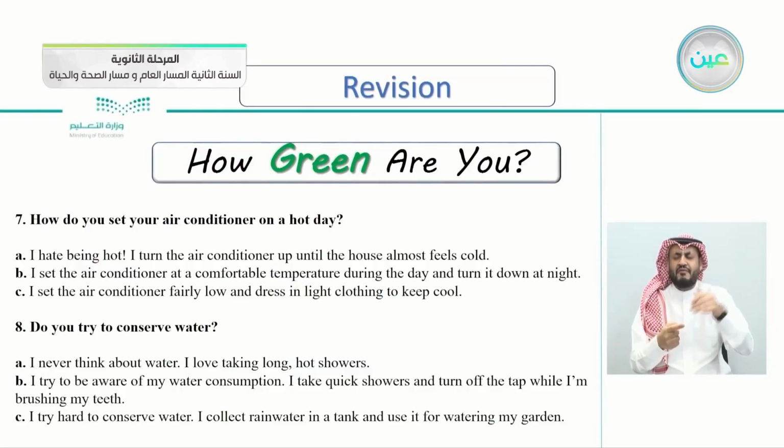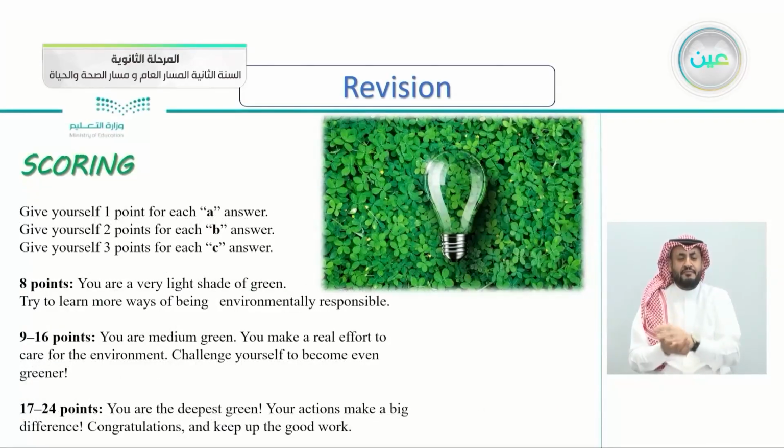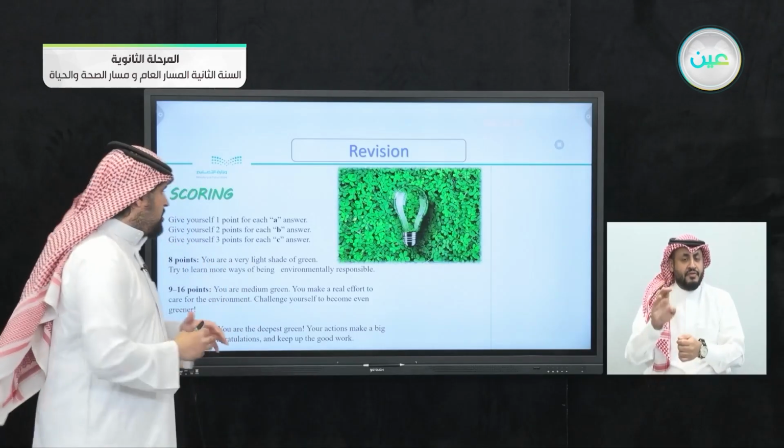B, I try to be aware of my water consumption. I take quick showers. Or C, I try hard to conserve water. I collect rainwater in a tank and use it for watering my garden. And when you finish, remember, each A answer is 1 point, each B answer is 2 points, and each C answer is 3 points. Then you collect the points.